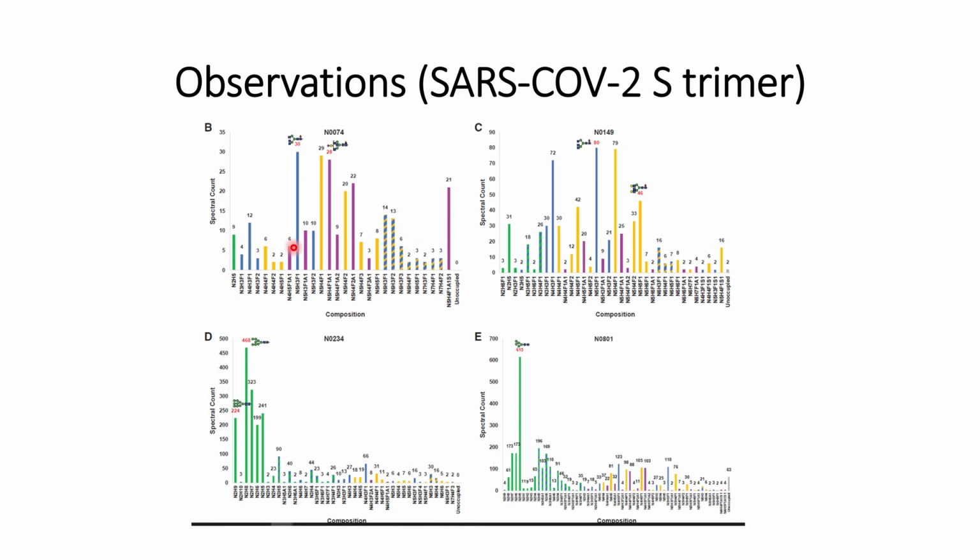And this is an example presented in the paper to show how they found the micro-heterogeneity. They did a spectral count of each type of glycan that they found on a specific site. So this is an example from the spike protein trimer of SARS-CoV-2 at asparagine at position 74, and usually the counting is done from the N-terminal side.